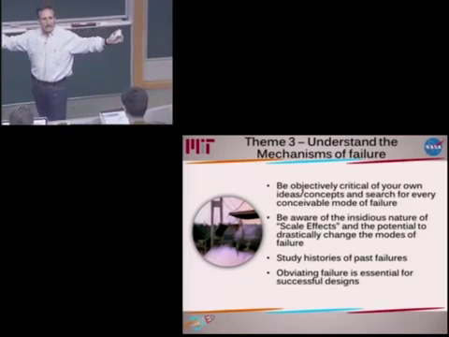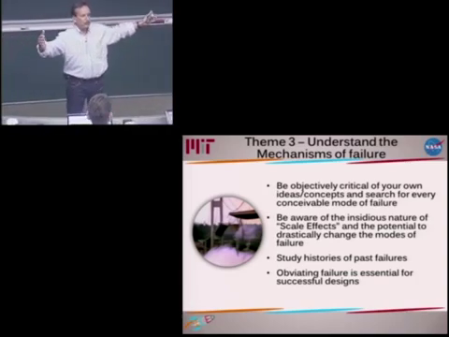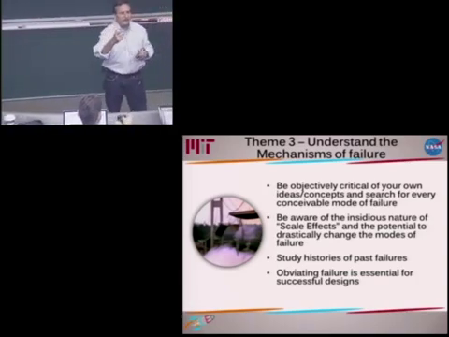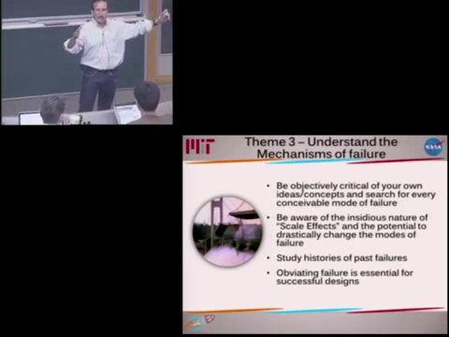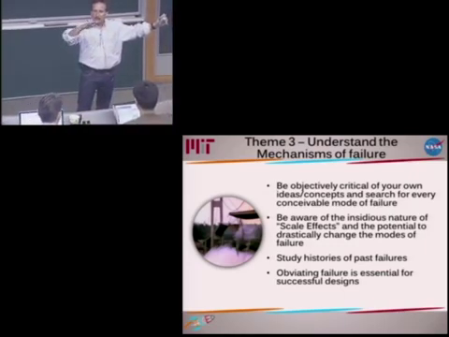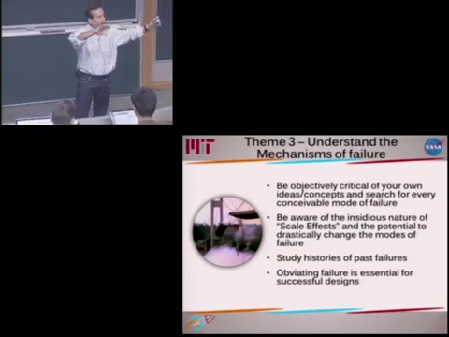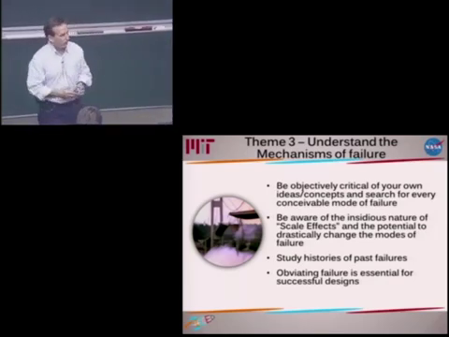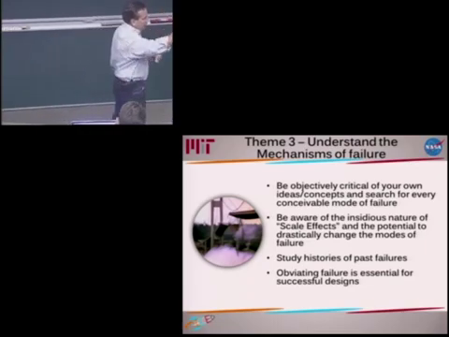They kept extending the span of the bridge using conventional methods. They never went back and said, are we at the point where the bridge is so flexible that now it's going to interact with the airstream, it's going to deflect, and that deflection is going to cause a dynamic instability? The oscillations are going to get worse and worse, and it's going to self-destruct. Okay?